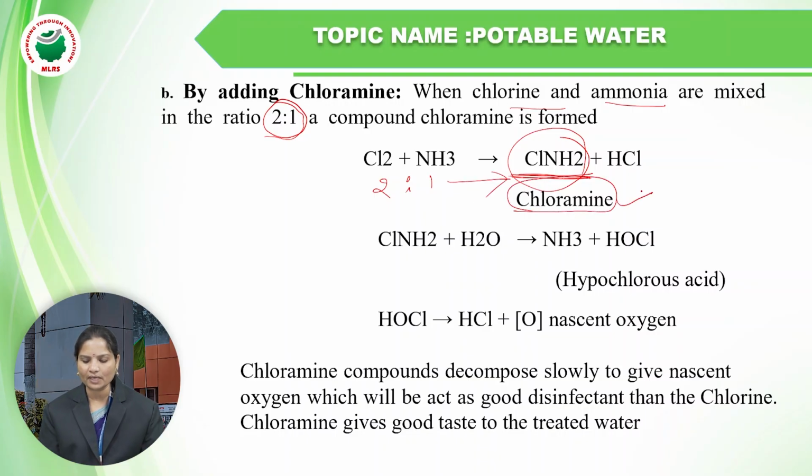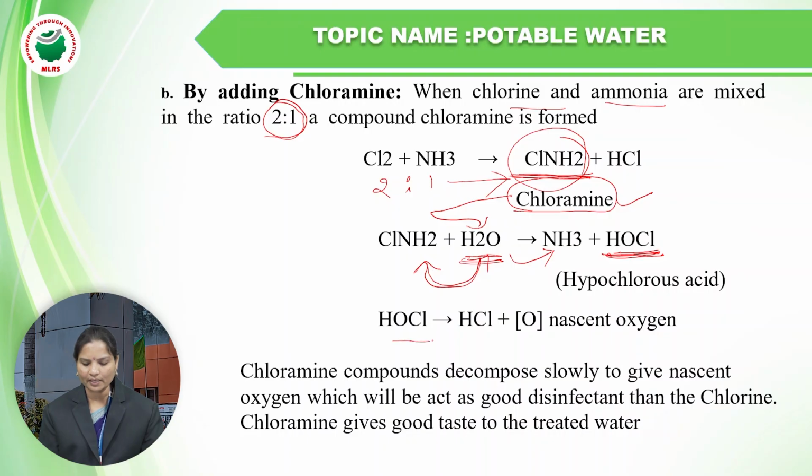Whenever we add this chloramine to water, it interacts with the water and a reaction takes place to produce ammonia gas and HOCl, which is hypochlorous acid. Hypochlorous acid is a very powerful oxidizing agent and disinfectant.